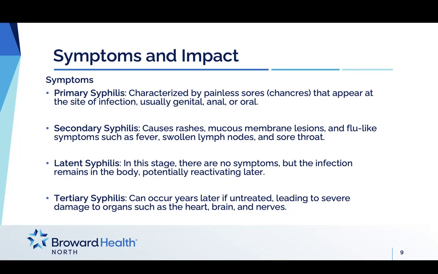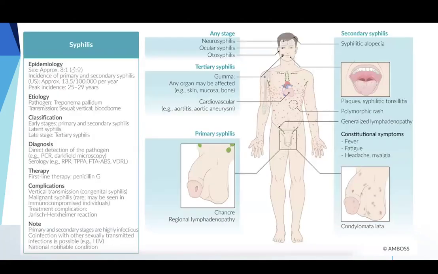In latent syphilis, there are no symptoms at all because it's just living there in the body quietly, but it can reactivate and go back to the rash and the lymph nodes of the secondary syphilis stage. And tertiary syphilis, many years after, you will see how, if untreated, this condition will get severe, affecting the major organs, heart, brain, nerves, a lot of them, but heart and brain being the majority of them.